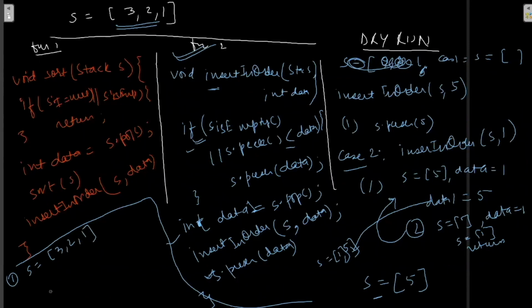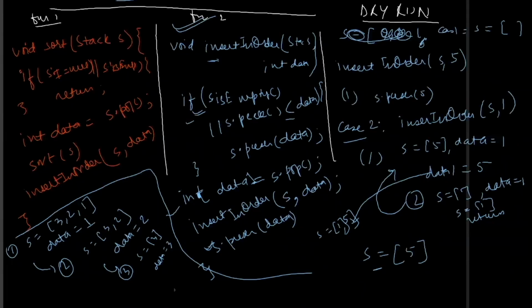And inside that the data value that came was first 1. And then the second recursive call happened. At that time the value of the stack came out as 3 and 2, and the data value became equal to 2. And then third time when it went, s equals to 3, and data value came out as 3, and then the fourth time s got empty, and what I have to do, I have to return back.